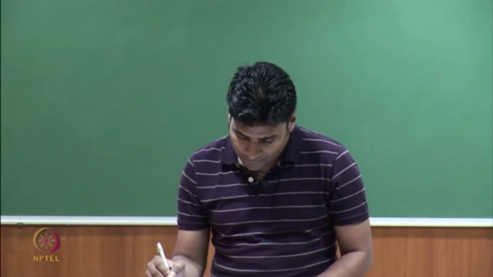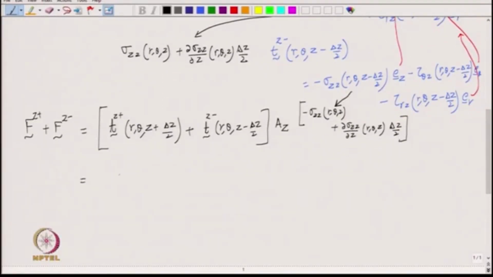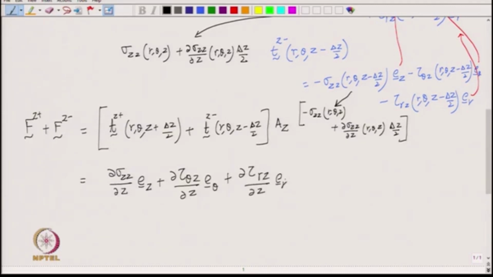So, finally, you will have del sigma z z over del z times E z plus del tau theta z over del z times E theta plus del tau r z over del z times E r, and then this has to be multiplied with delta z times A z, which together is the volume, right, delta volume, and then you have the higher order term plus small o of delta v.